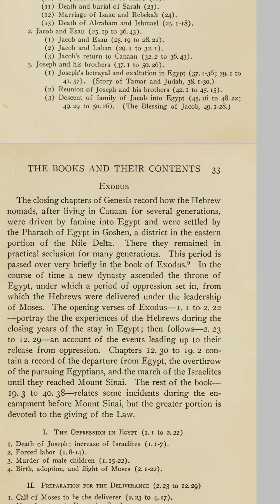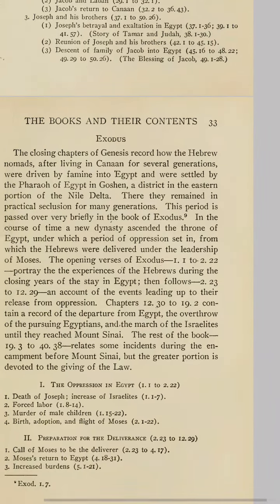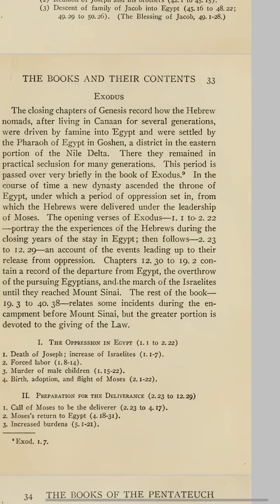And 2, Esau and Jacob: Jacob and Esau, Jacob and Laban, Jacob's return to Canaan. 3, Joseph and his brothers: Joseph's betrayal and exaltation in Egypt, the story of Tamar and Judah, reunion of Joseph and his brothers, the descent of the family of Jacob into Egypt, and the blessing of Jacob.